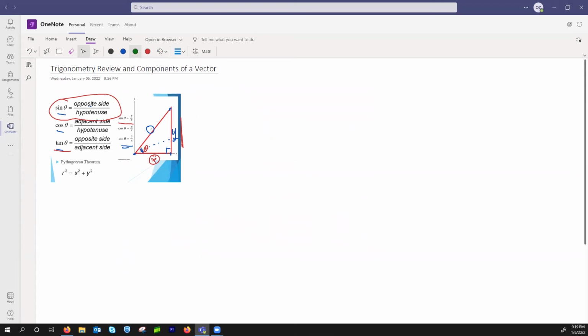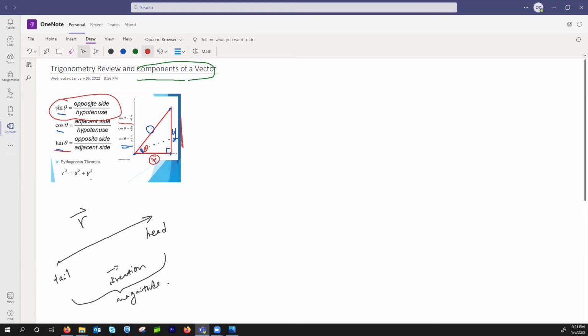Now let's talk about the components of a vector. Remember how we draw a vector. Look at the example here. We have a vector r right now. We start from here and go all the way up in this direction. This is north of east at a certain degree. A particular vector always has a tail and a head.